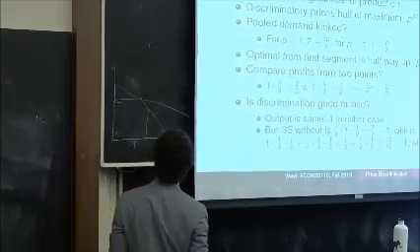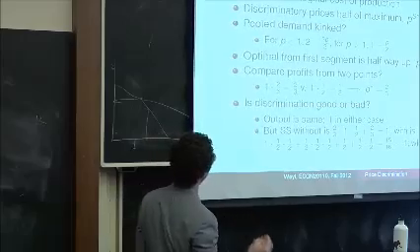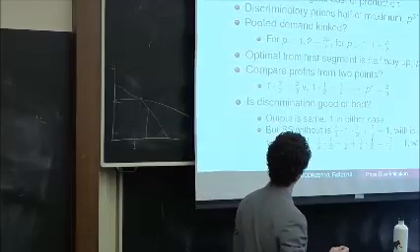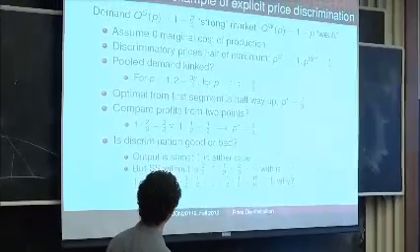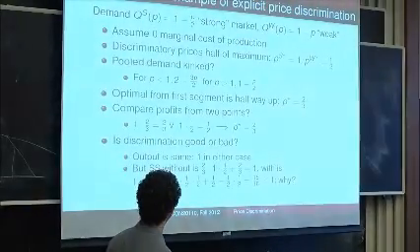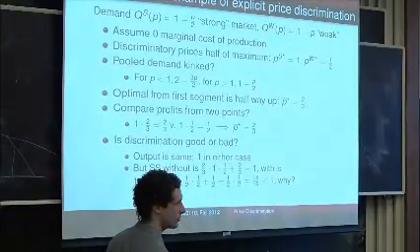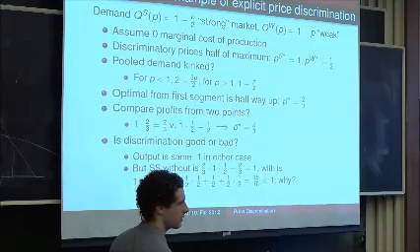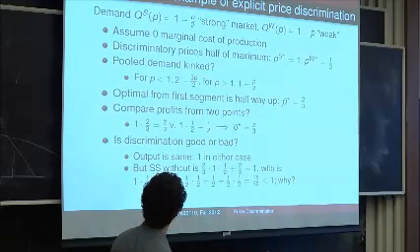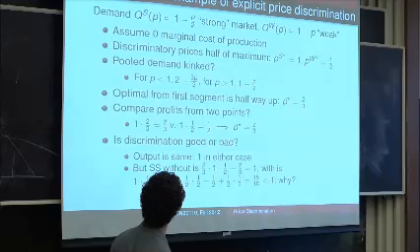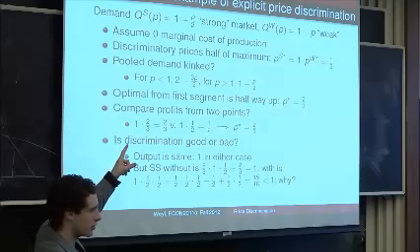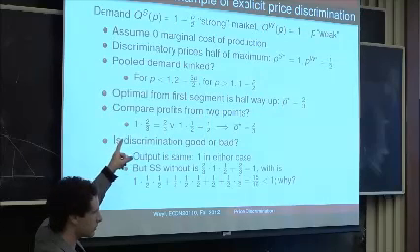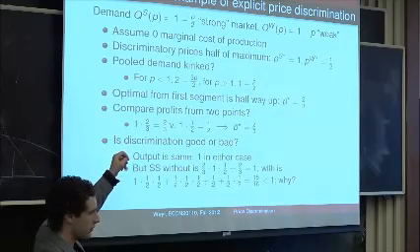Why don't we just figure out the consumer surplus in each of the two markets? So in the strong market, the price is 2/3, so the quantity is, the quantity is 1 minus 1/3, right?